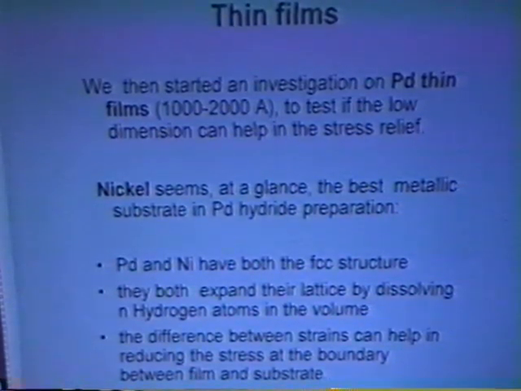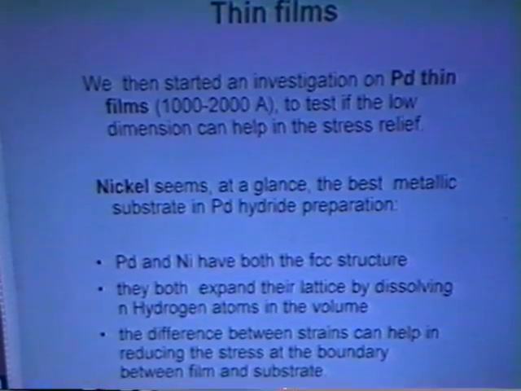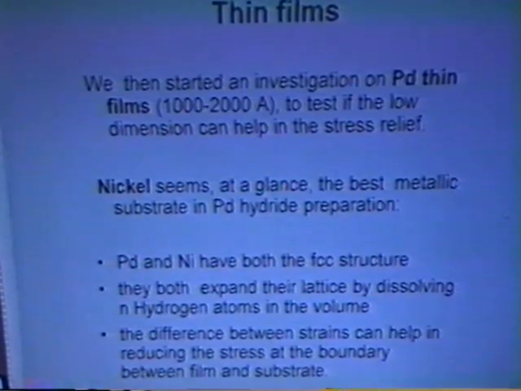The basic idea is to let the film relax the stress toward the substrate. If you have a substrate that is too hard, this is impossible. You have to choose a substrate that in some way follows the loading and the deformation of the palladium film. This is what we did.